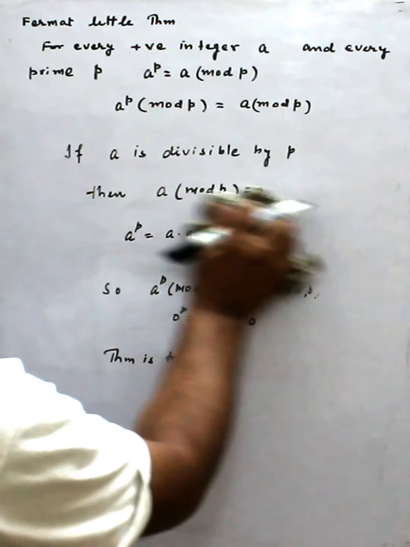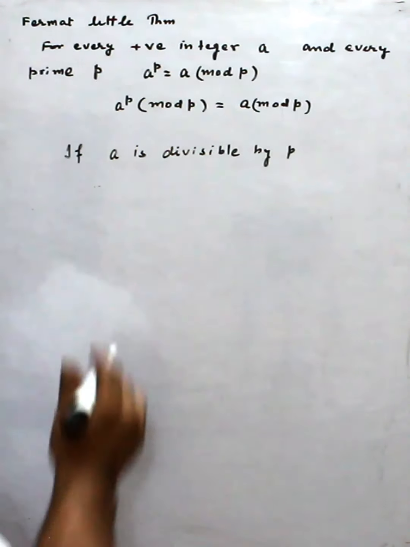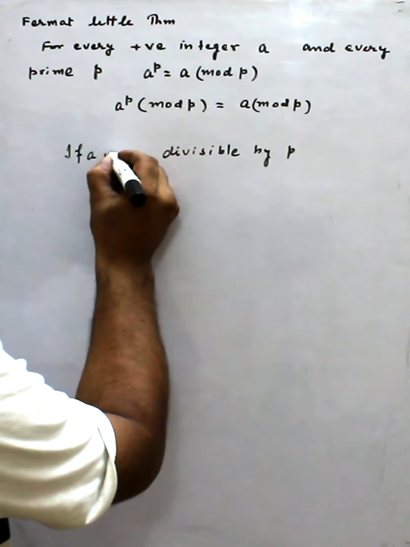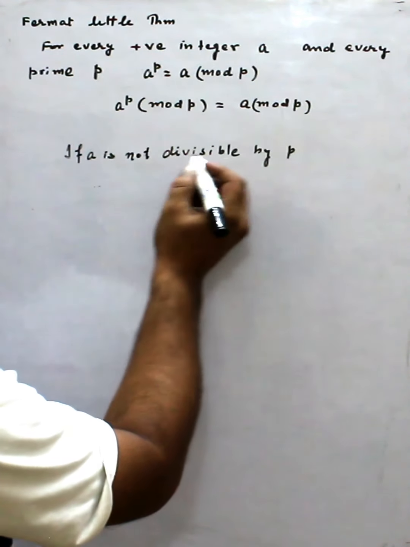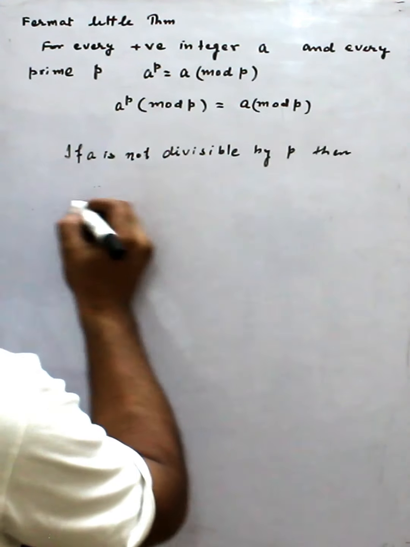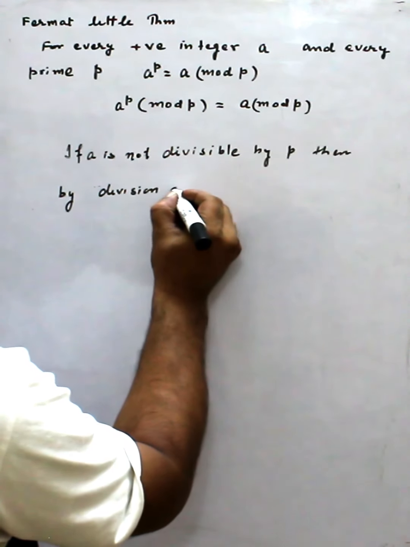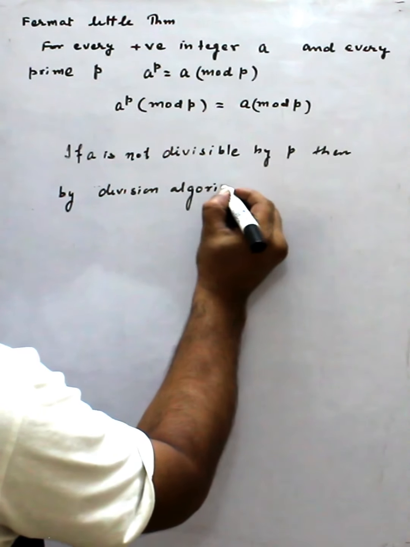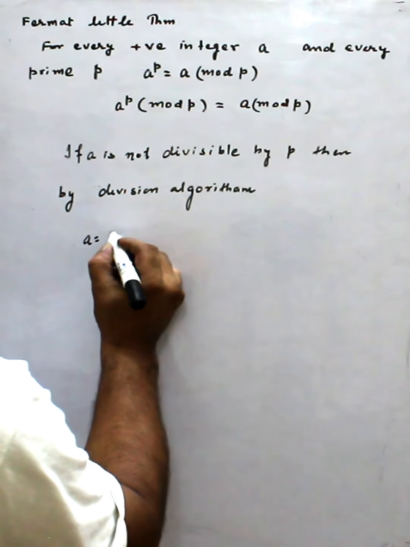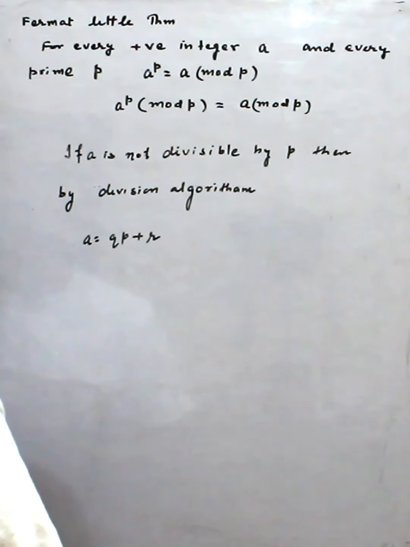Now again we take, if a is not divisible by p, then by the division algorithm, a is equal to qp plus r, right?